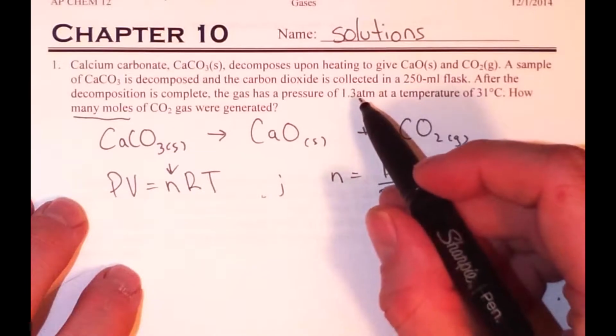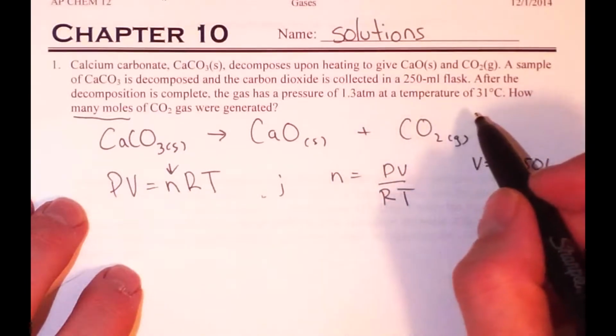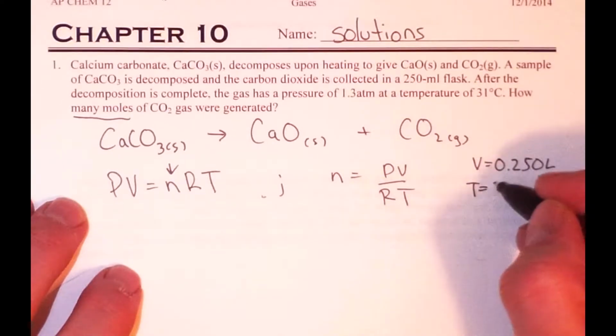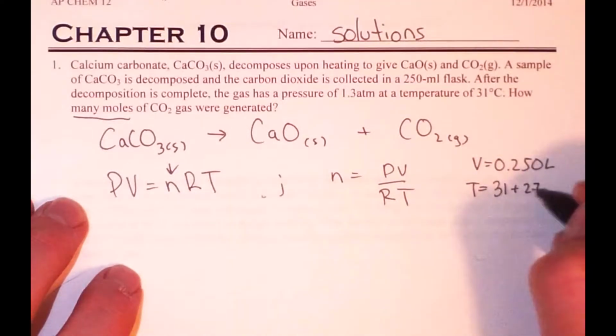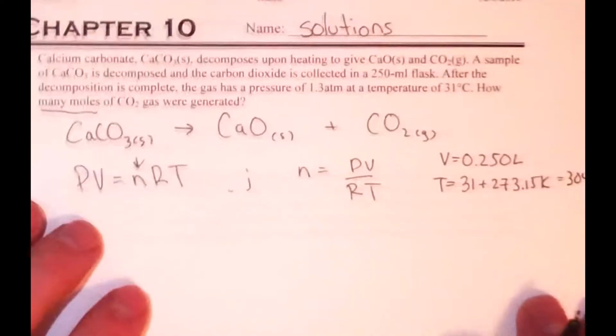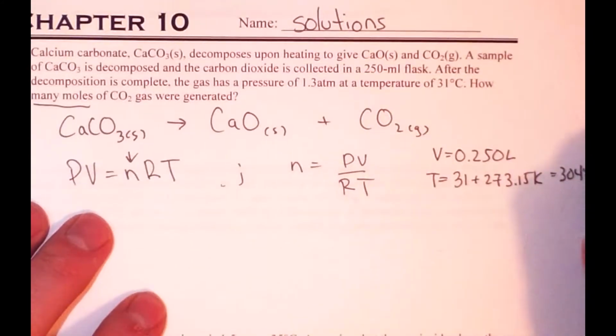The pressure is in atmospheres, so that's okay. The temperature is in degrees Celsius, so we've got to convert that. So 31 plus 273.15 K is equal to 304 K.